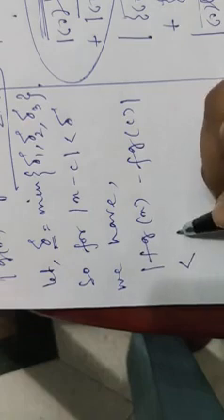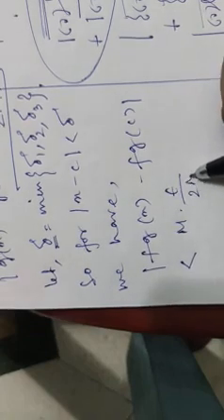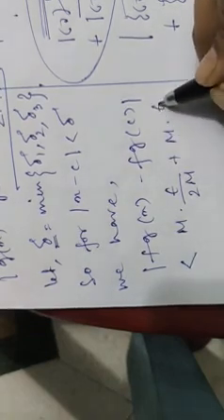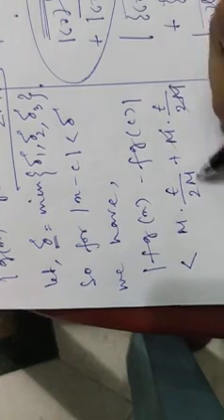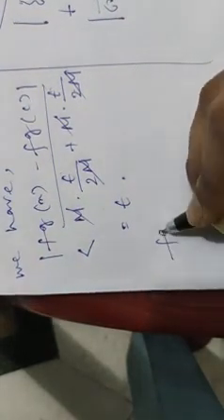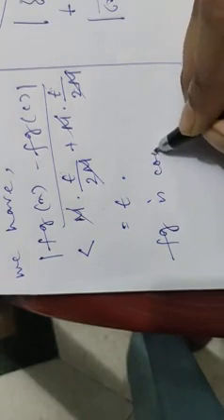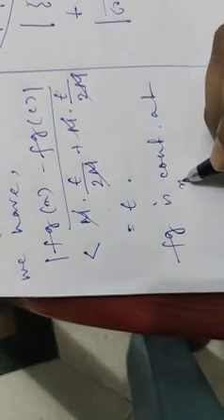So we can write modulus of f(g)(x) minus f(g)(c) less than m into epsilon by 2m plus m into epsilon by 2m. So m will be cancelled out, epsilon by 2 plus epsilon by 2 equals epsilon. So from this we can say that fg is continuous at x equals c.